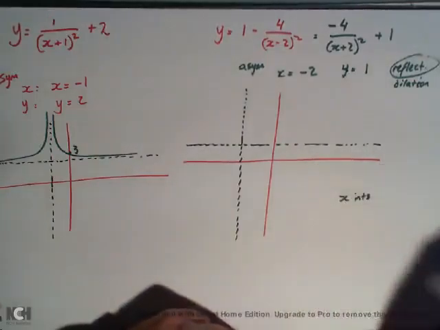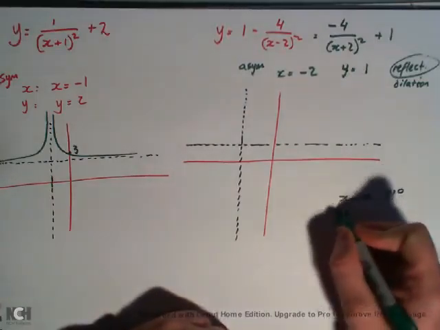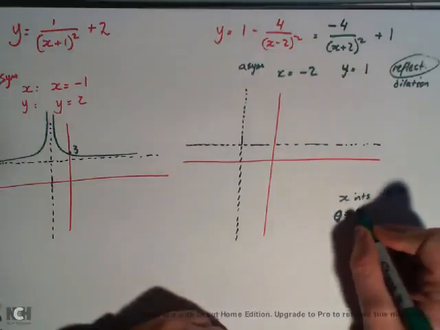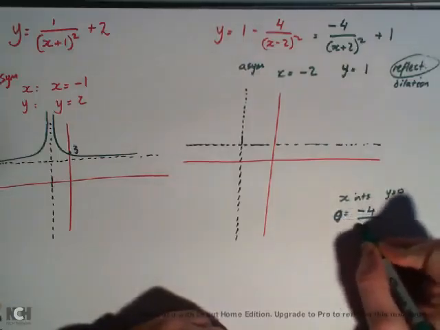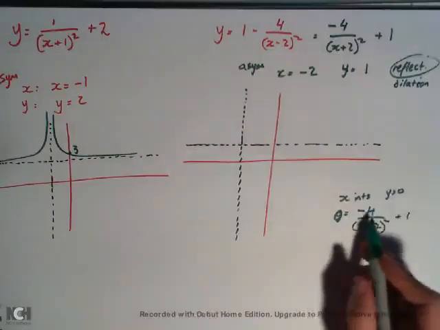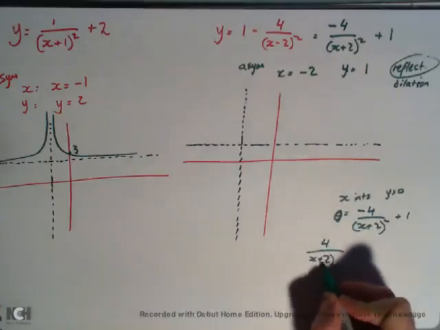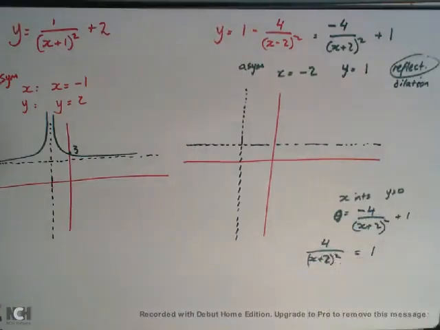So for x-intercepts, we say y equals 0. So 0 equals minus 4 over (x plus 2) squared plus 1. I can say 4 over (x plus 2) squared equals 1.